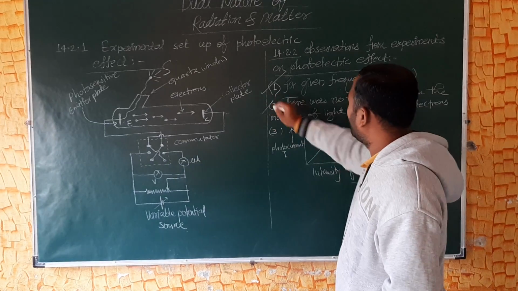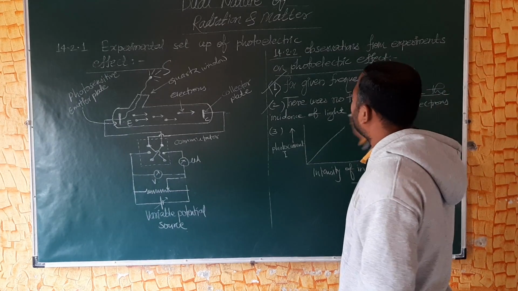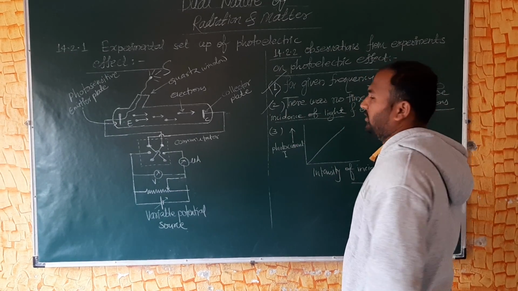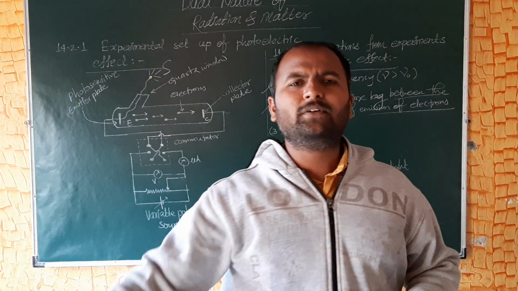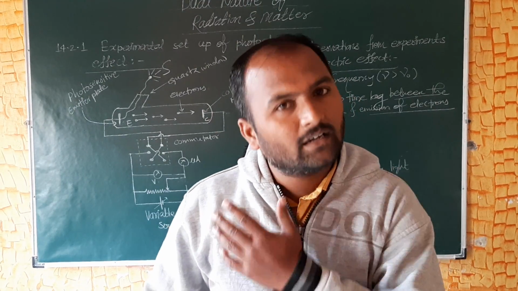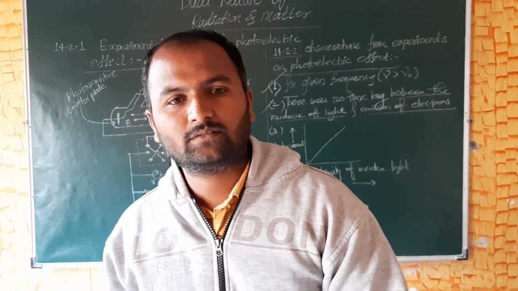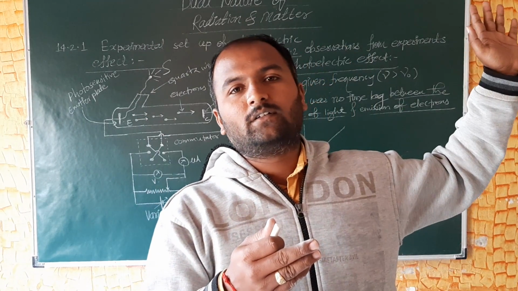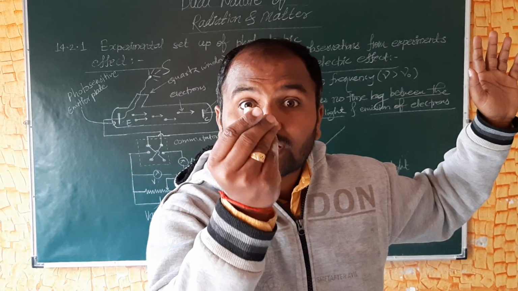Next, the second observation. There was no time lag between incidence of light and emission of electrons. Whenever light is incident, electrons are ejected within 10 raised to minus 9 second.